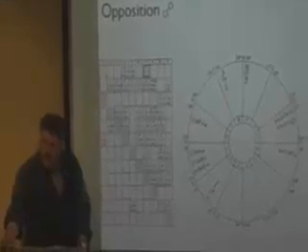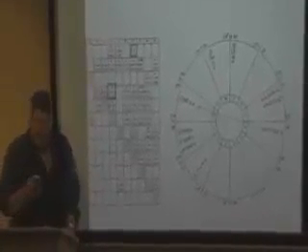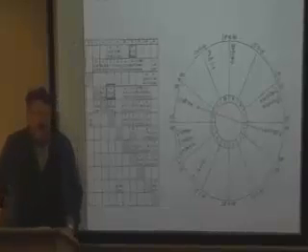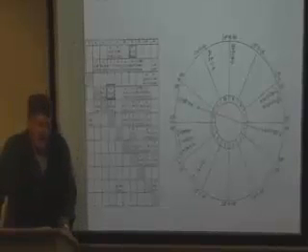So, opposition, Sun to Neptune. These are very interesting oppositions. The Sun has to do with the self, the ego.